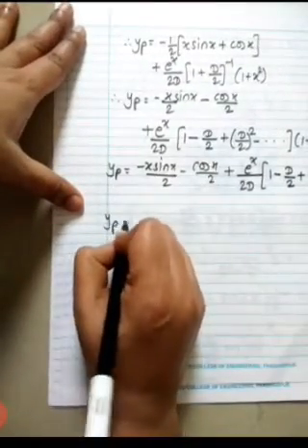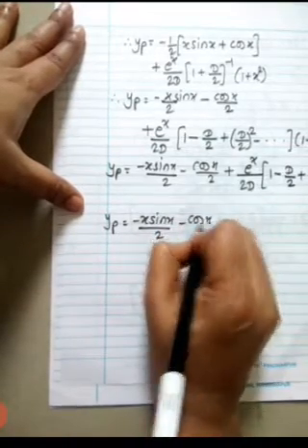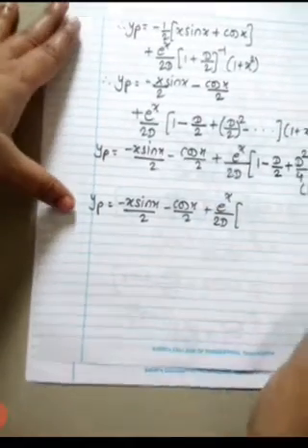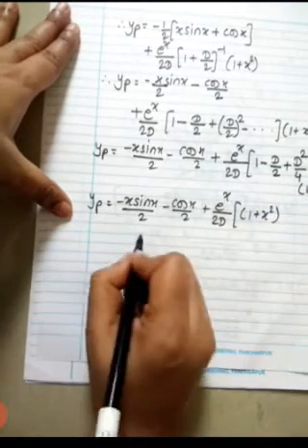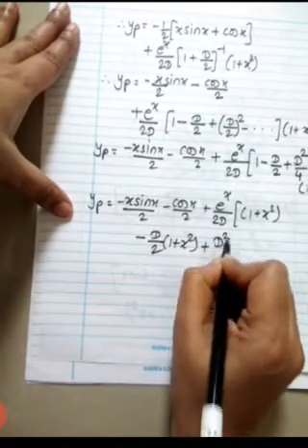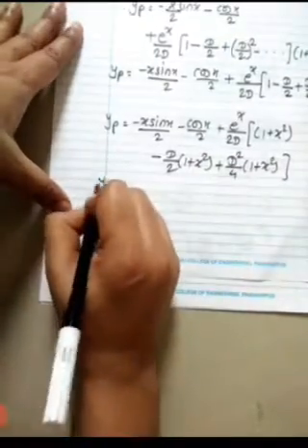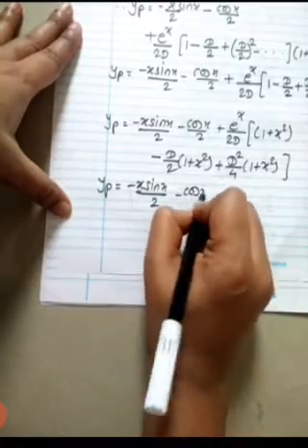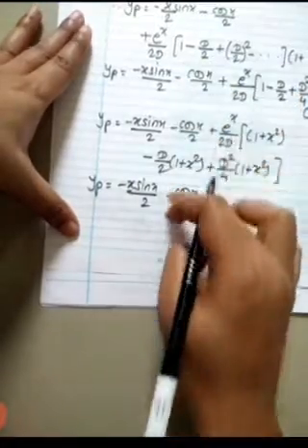So yp is plus e raised to x by 2d into, okay, open it: 1 into 1 plus x square, minus d by 2 into 1 plus x square, plus d square by 4 into 1 plus x square. In this case it could be better if we had written yp1 and yp2, this job might be reduced.